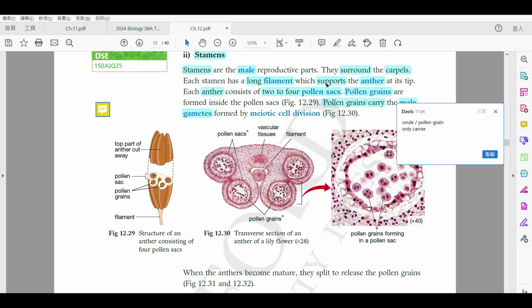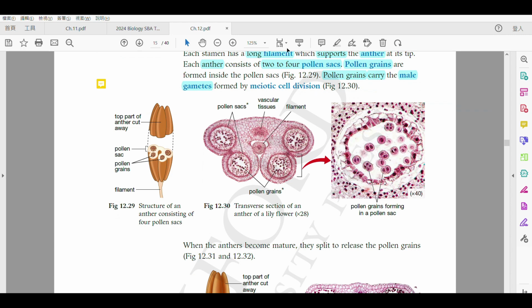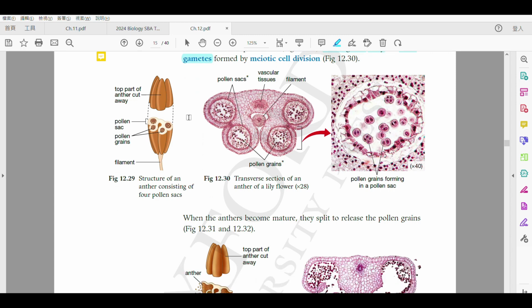So the carrier of female and male gametes, respectively. Okay, so of course, when we talk about the gametes, they are produced by meiosis. Okay? Then we continue.